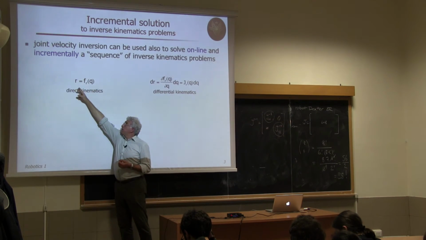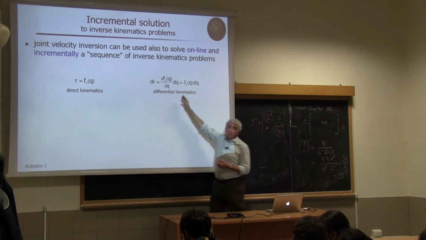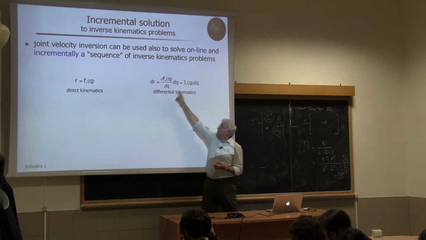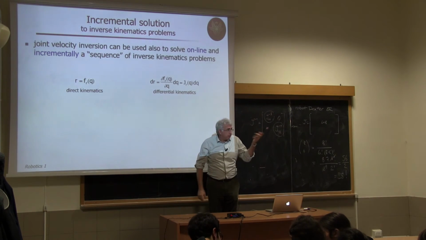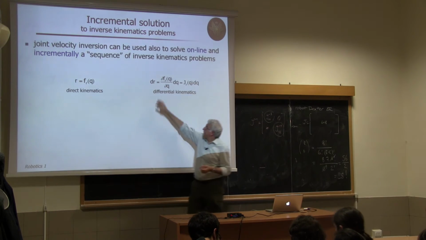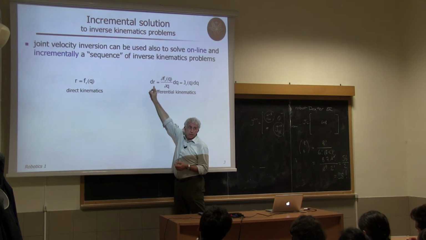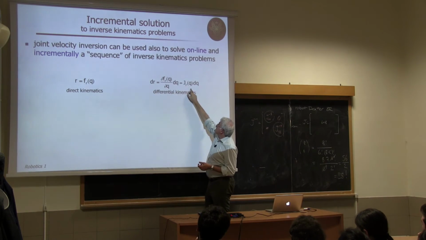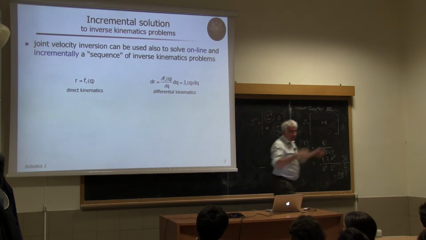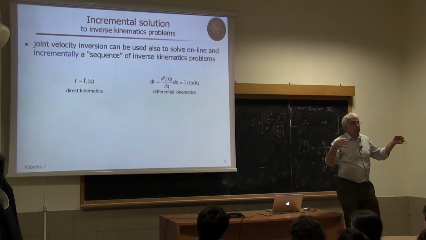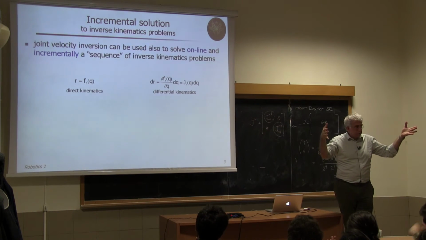You give Q and you compute R. Now, if we move to the differential level, we have done this in velocity, but we can do this also with infinitesimal increments. In fact, if I divide by dt left and right, this is R dot, dr over dt, and this is the Jacobian times dq over dt, which is q dot. So the same thing that applies to velocities applies also to infinitesimal motions.